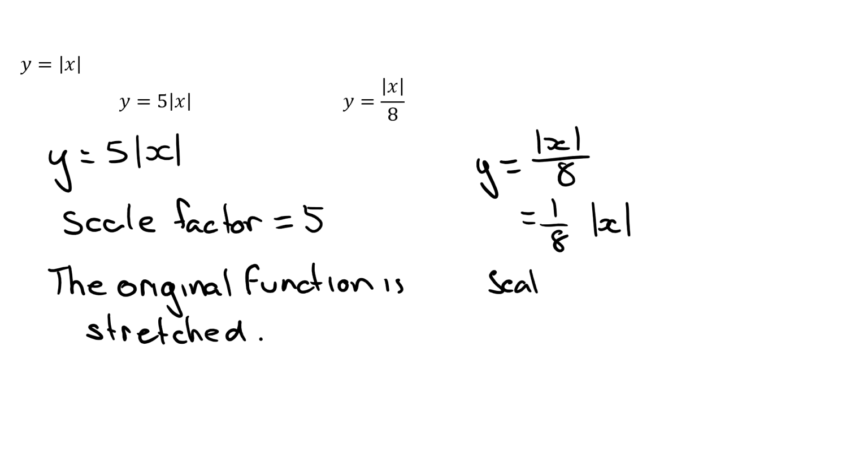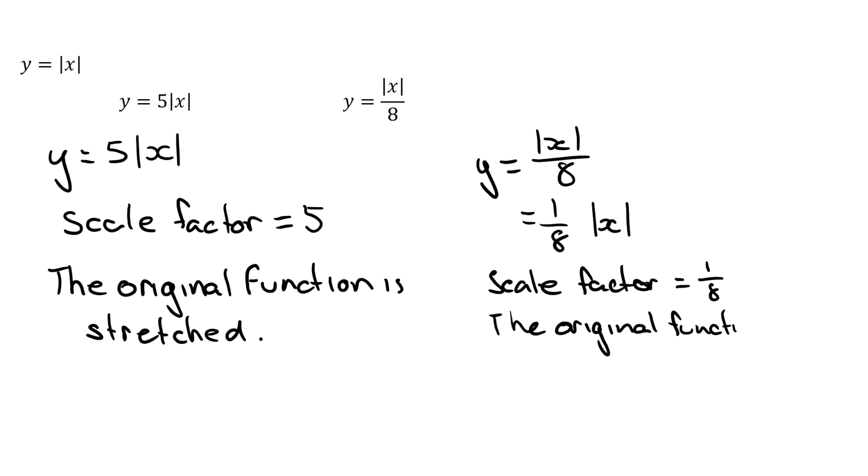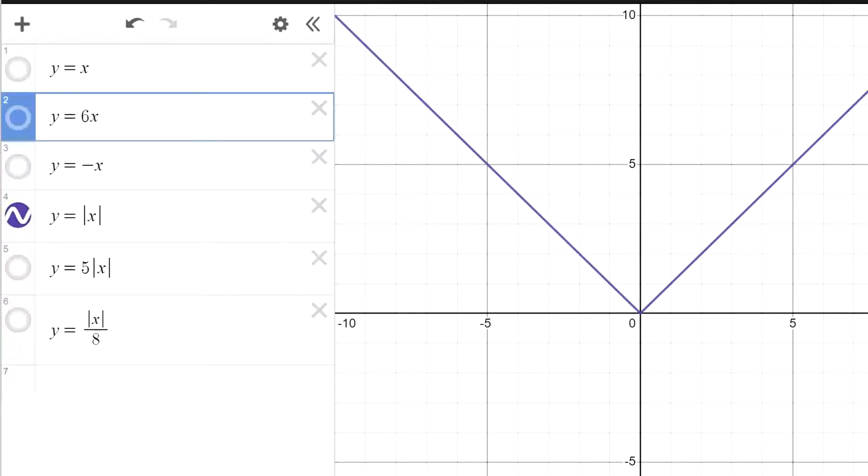So the scale factor is 1/8. And the original function is compressed. On your screen you can see the original function, and there it is with a scale factor of 5. You can see there is a vertical dilation, stretching it upwards. And then here we have a compression towards the x-axis.